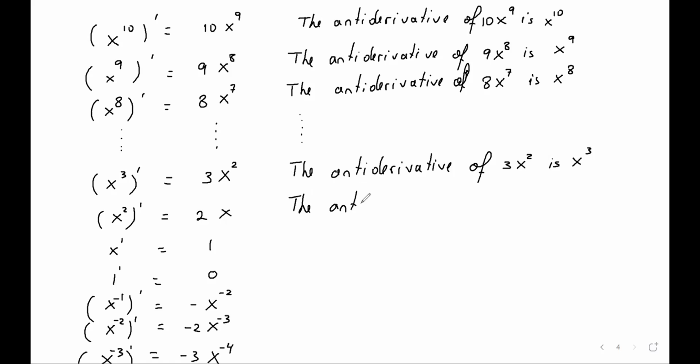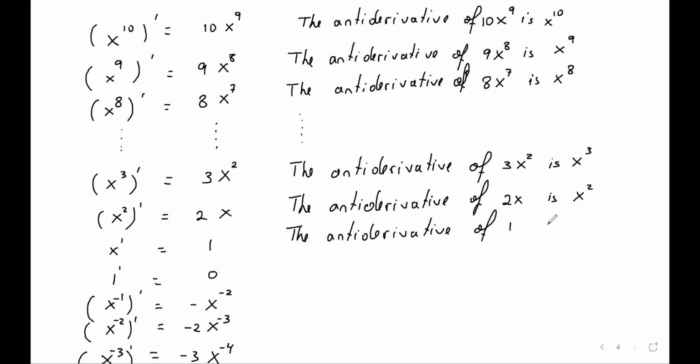The antiderivative of 2x is x squared. The antiderivative of 1 is x, yeah, because x prime is 1.